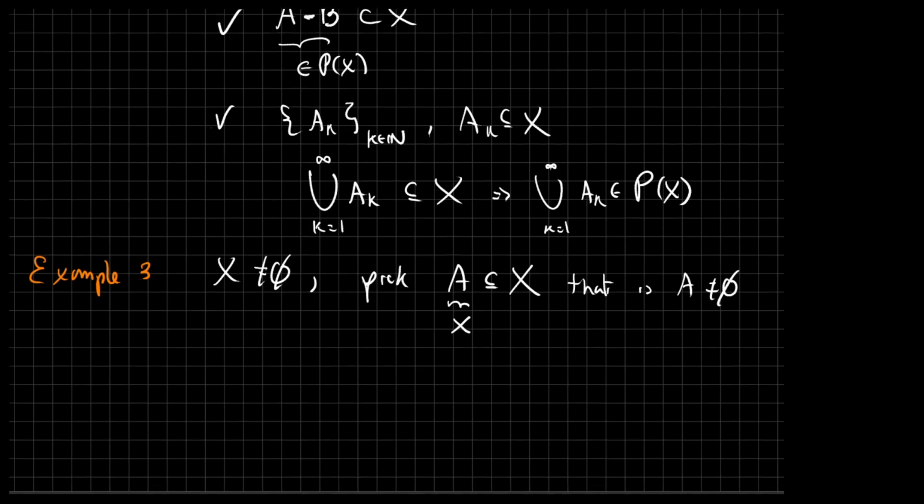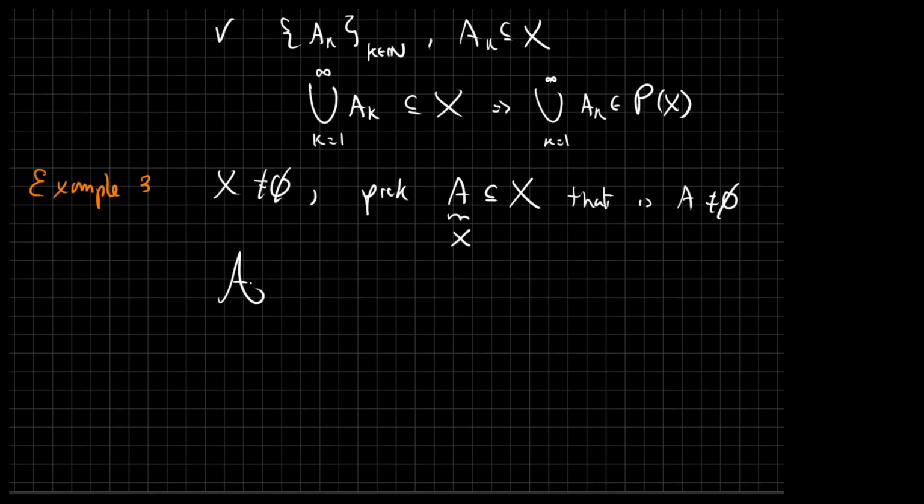It doesn't matter. Then we can define a sigma algebra here. Of course, the empty set is always there. Then we have A, then the complement of A, which is X minus A, and X. So this is also a sigma algebra.